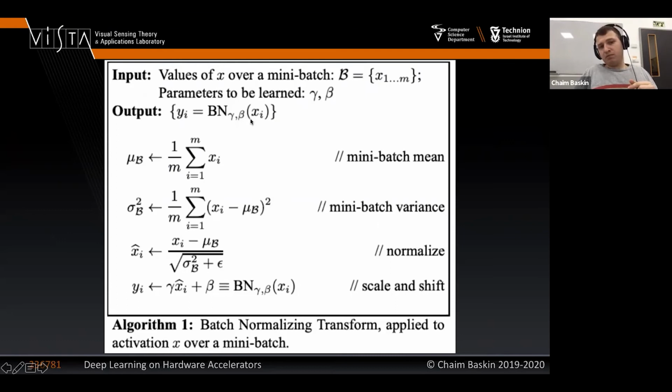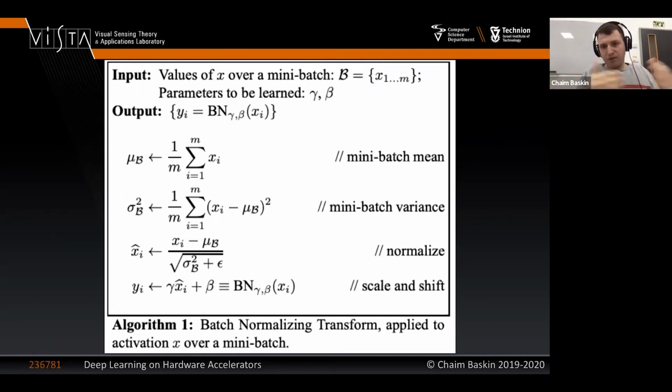So what we do is take the mini-batch variance and normalize x. Now that we have a normalized x, what do we need to do? Scale and shift, because of course not all distributions are the same.